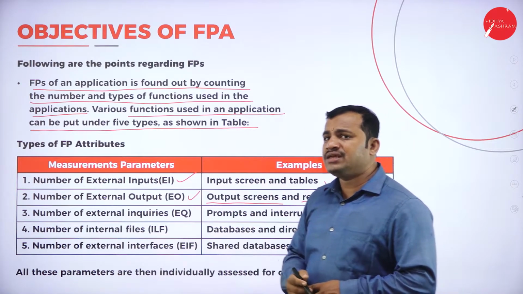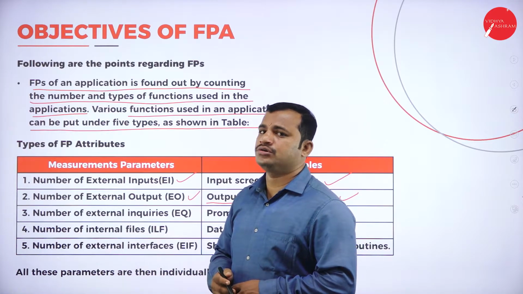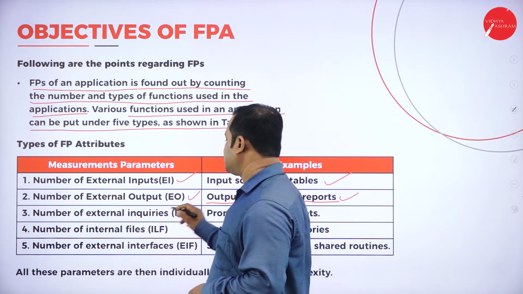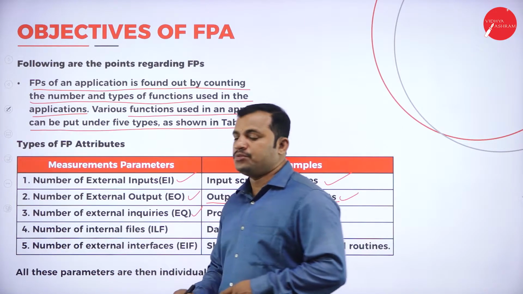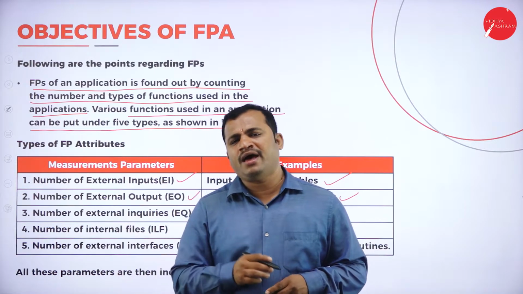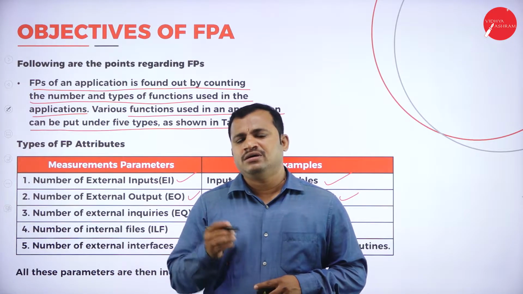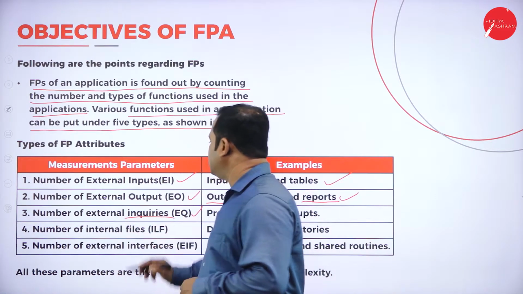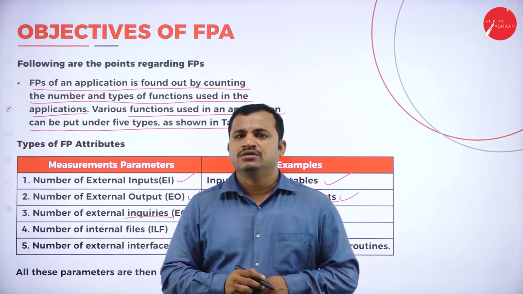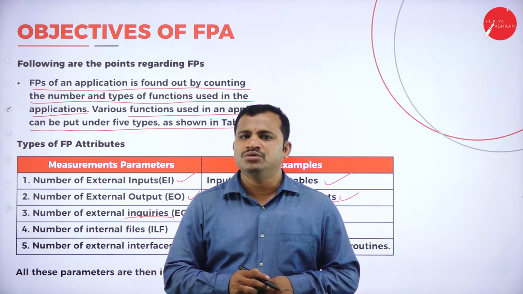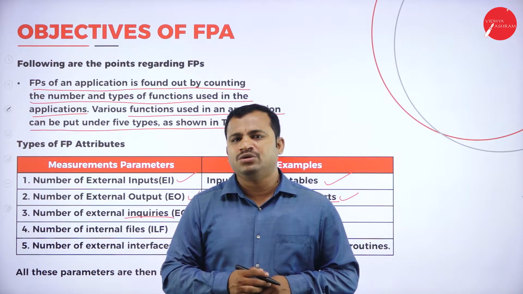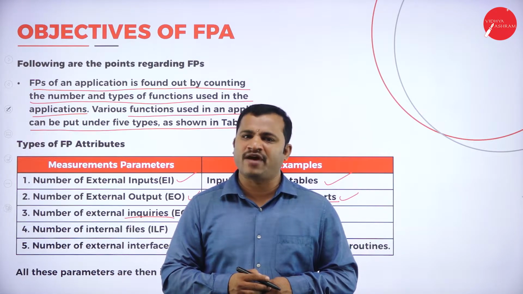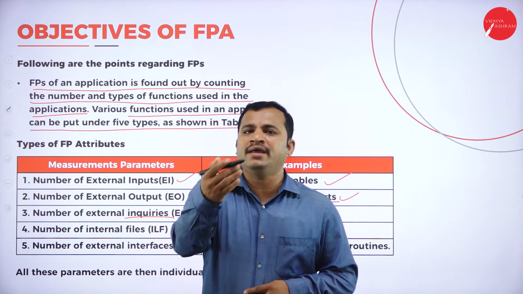Then, the next parameter or criteria I am going to consider for the measurement of function point analysis is external inquiries. Suppose you want to register yourself in a college as a student or as a faculty, then you can inquire.